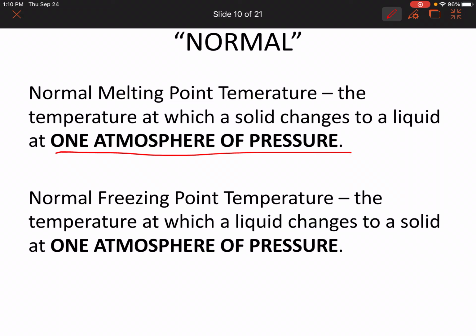We exist under atmospheric pressure, which is the mass of the atmosphere pressing down on us. So that's 1 atmosphere of pressure. The normal freezing point is the temperature at which a liquid changes to a solid, again, at 1 atmosphere of pressure. Quite often, people get confused and say the normal melting point is the temperature it normally melts at. No, it's specific to pressure. So make sure you remember these.